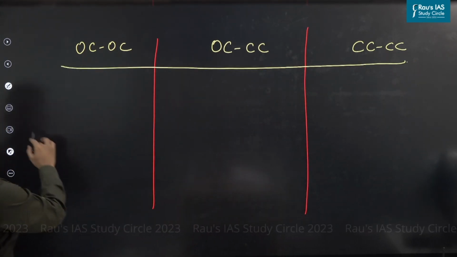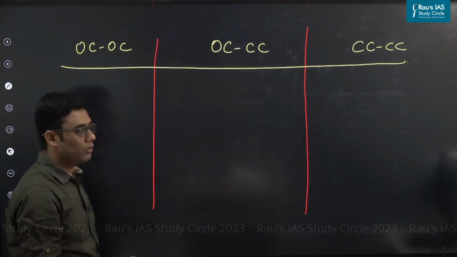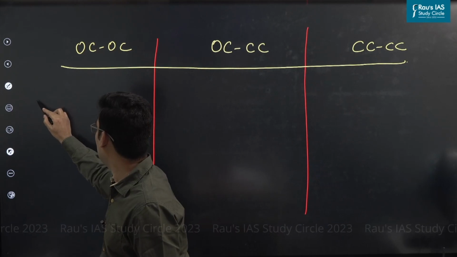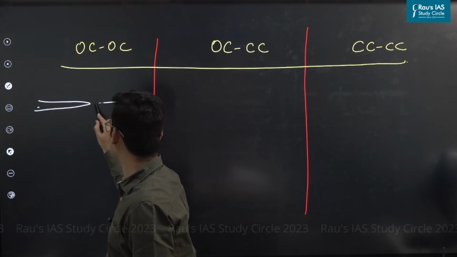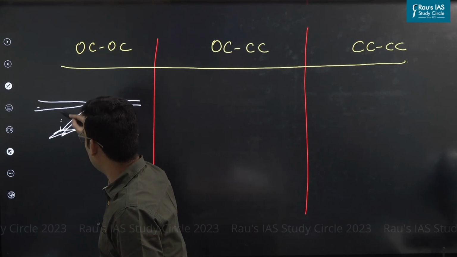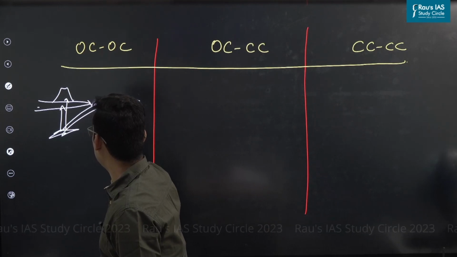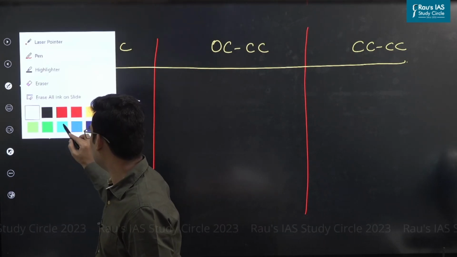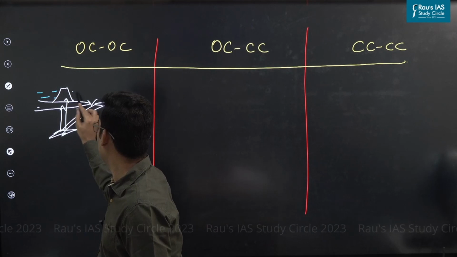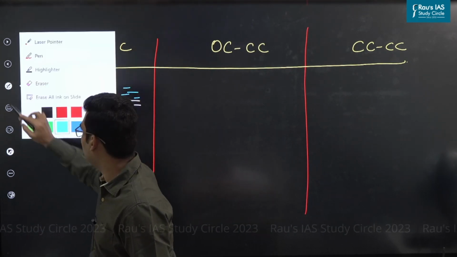Over here, if I want to draw the diagram for the three, in the first case, I'll draw it pretty much like OC, subduction, melting, and trench. So this is the diagram.